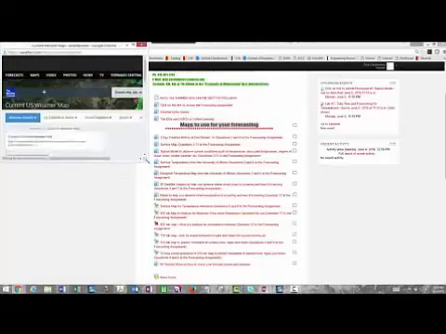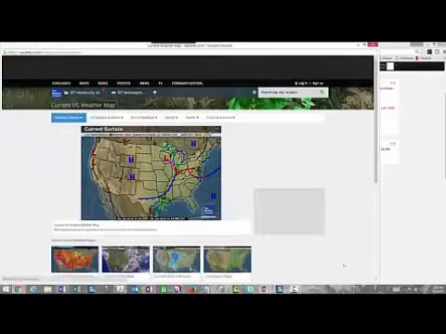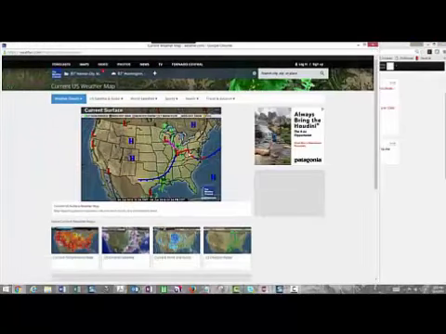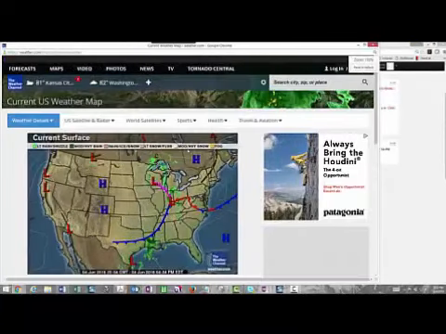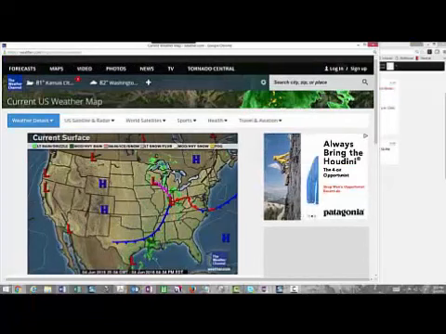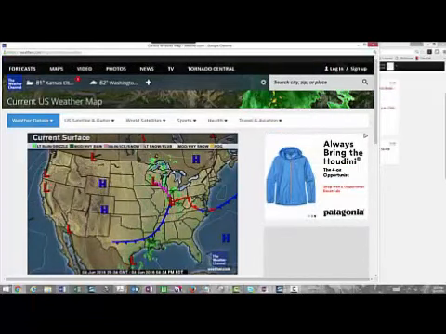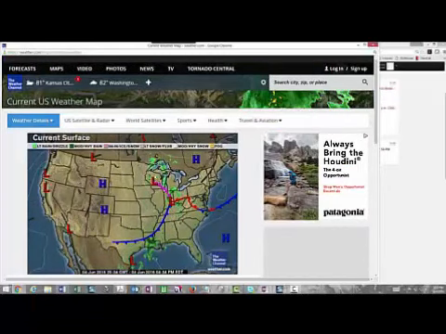If I click on that, now from the last video or a couple of videos before when we were talking about surface features, notice these white lines are what we call isobars, lines of equal pressure.